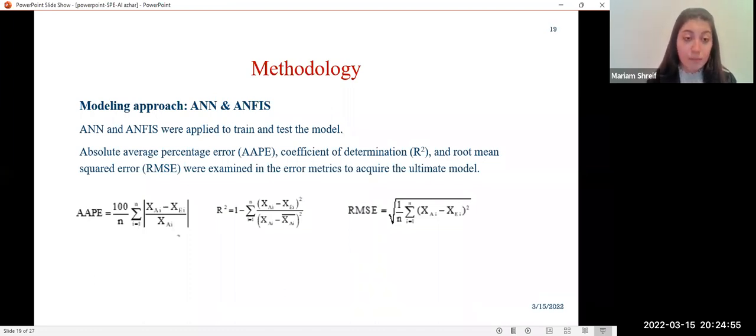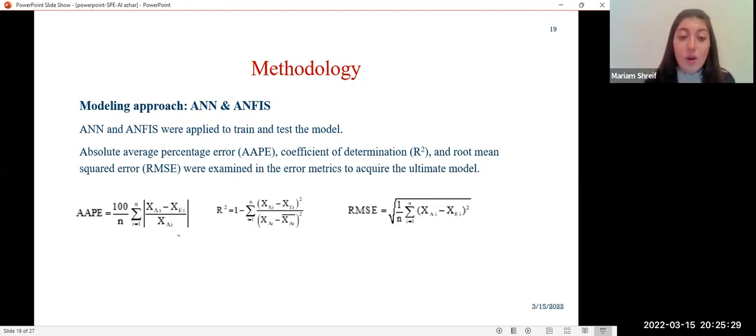For the AAPE, any value less than 5% indicates that the model gives high accuracy for predicting the data set. Any value generally between 10 and 25% shows a moderate accuracy. However, any value more than 25% shows a very low accuracy for the model to predict the data.